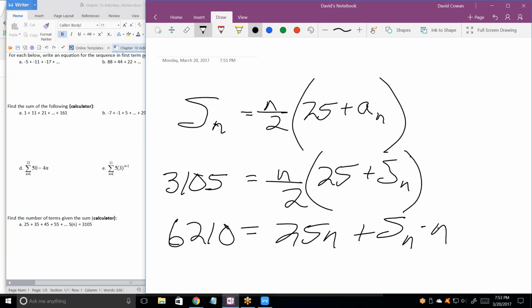She can't. So she must mean a sub n. Yeah, this is what confused me when I looked at her math there. A sub n times n. And she ended up with a giant quadratic.